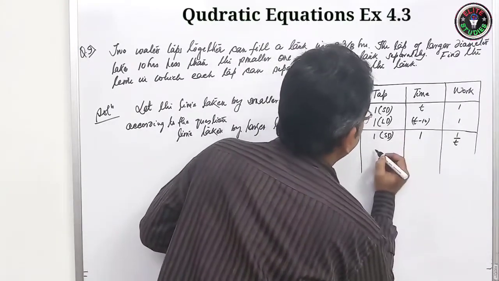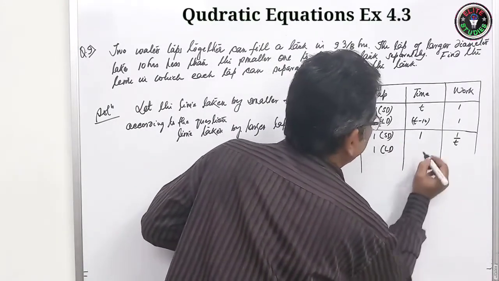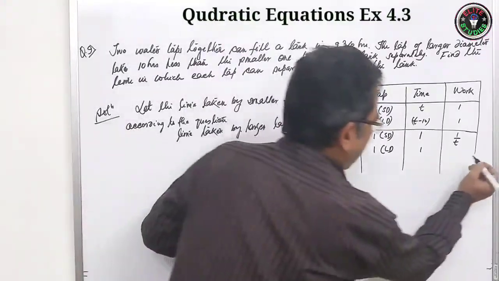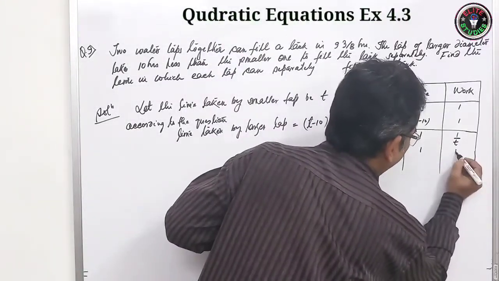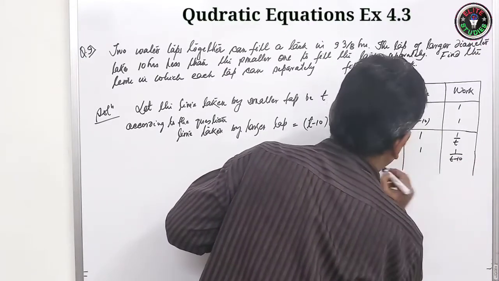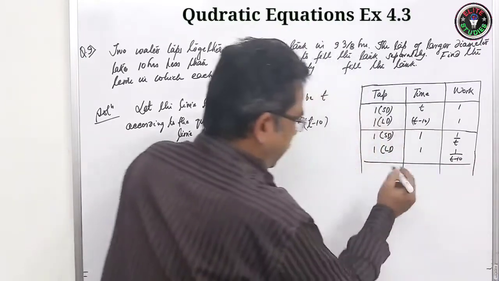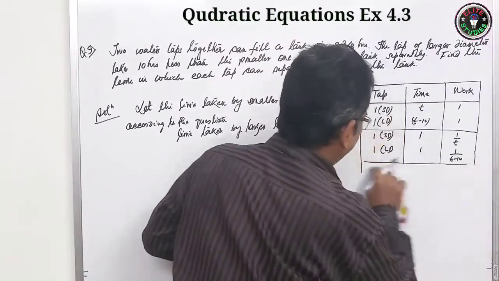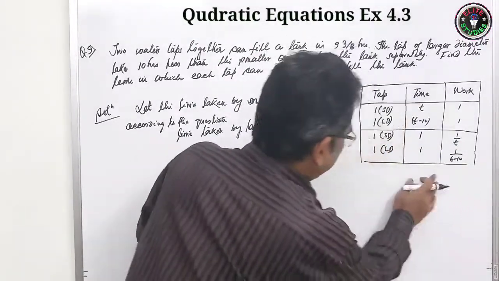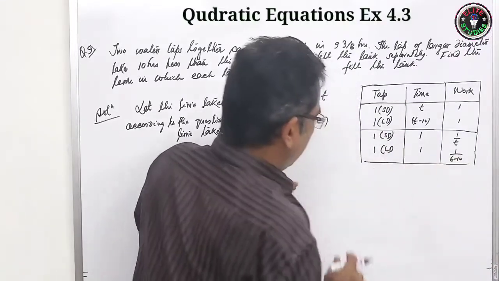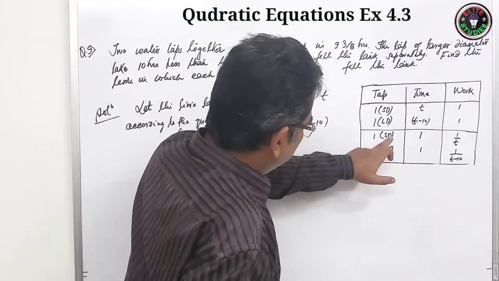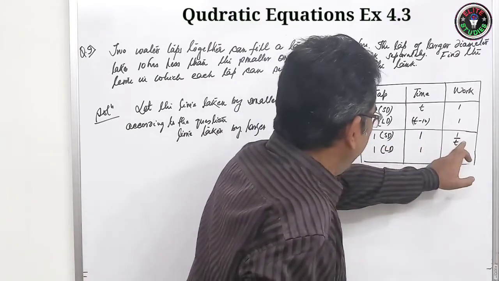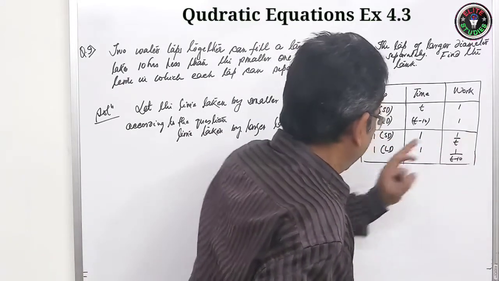Similarly, for the larger diameter tap, in 1 unit time, or 1 hour, how much will it do? It will be 1 by T minus 10. After getting this, what is the next step? Together, the smaller diameter tap in 1 hour will fill 1 by T of the tank.